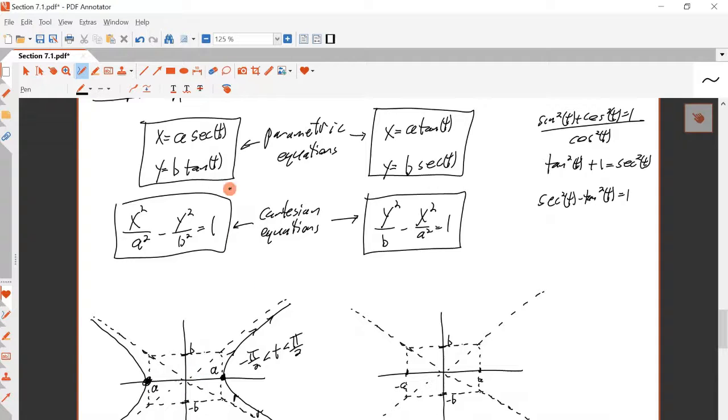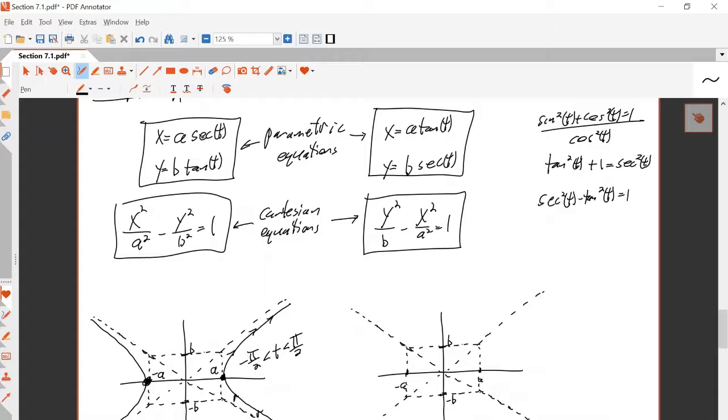So at t equal to pi, secant of pi is negative 1. So you're all the way over here, and then you would be moving in which direction? So t equal to 3 pi over 4.